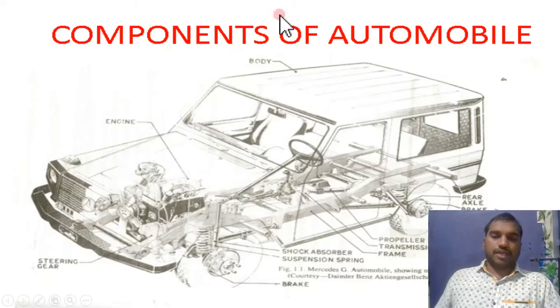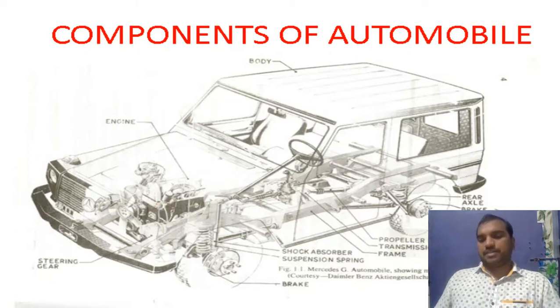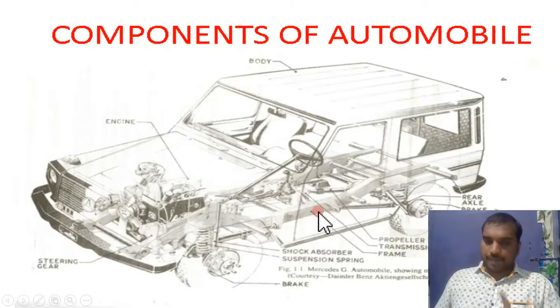So if you observe here, the engine is there. Before going to the engine, the first part is the basic structure. The basic structure is the frame. Frame plus suspensions plus wheels and tires.